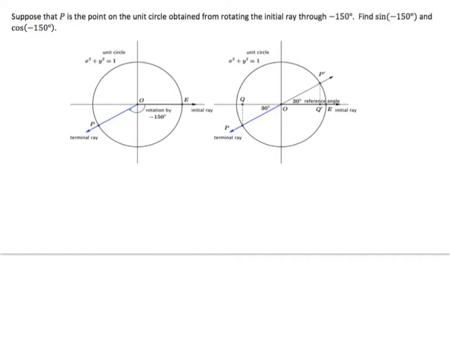Suppose that P is the point on the unit circle obtained from rotating the initial ray a negative degree. That means we're going clockwise. So we need to find our phi, our reference angle, and figure out what quadrant it is in to find our sine and cosine, right?